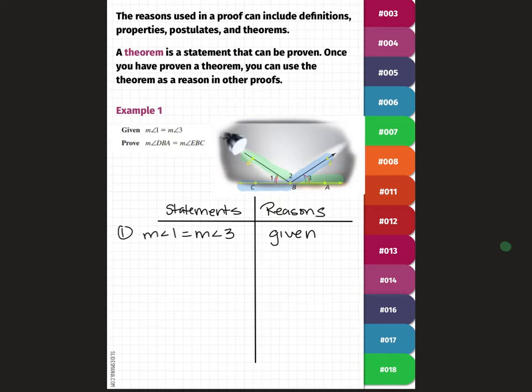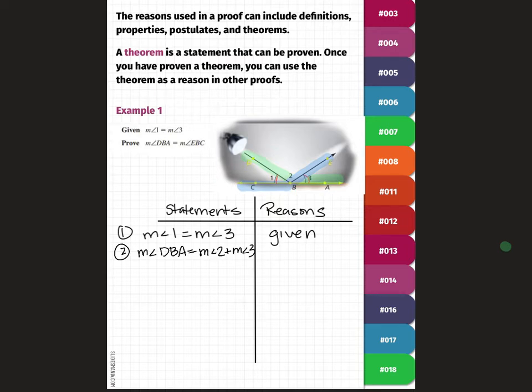So the next thing that I'm going to say is the measure of angle DBA is equal to, and remember that's the green one, the measure of angle 2 plus the measure of angle 3.